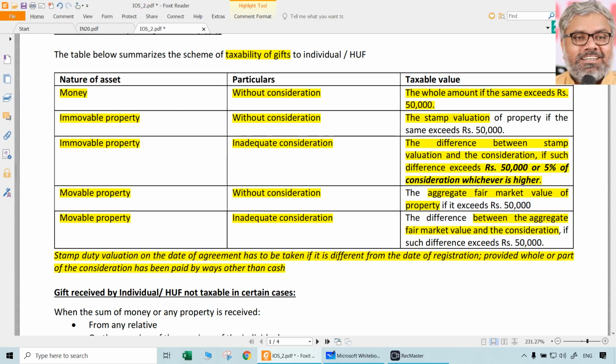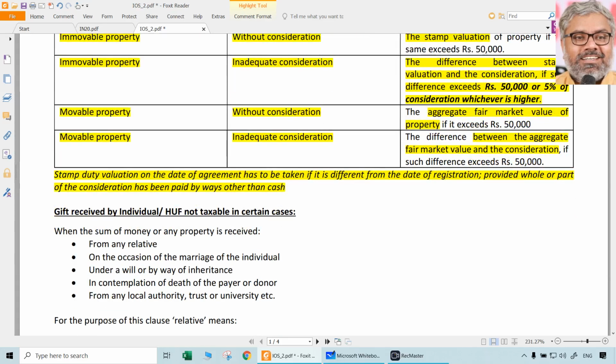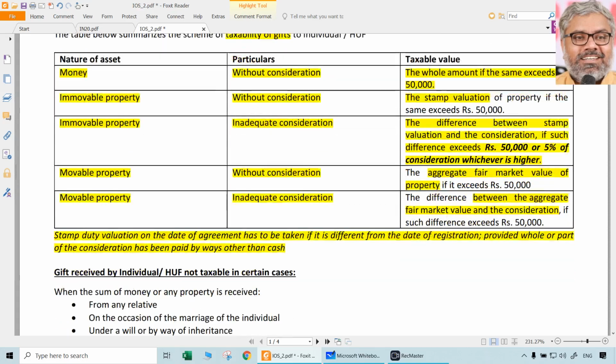So banking channels have to be used, and some amount should have been paid or received at the date of agreement. Then only the stamp duty valuation on the date of agreement will be valid. Otherwise, we take the stamp duty value on the date of registration for computing taxability of gifts, particularly immovable properties. That is the summary of the gifts provision.